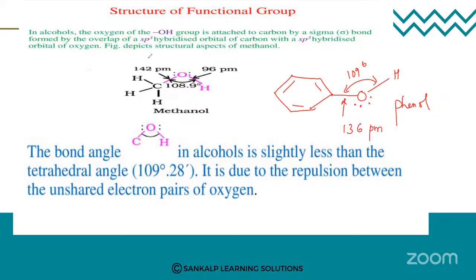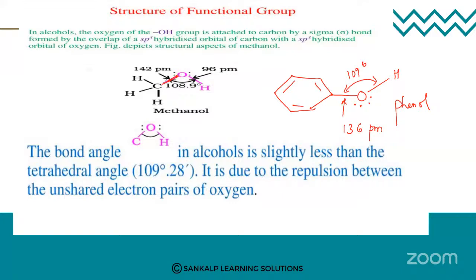So in alcohols, the C-O bond, how is it formed? It is formed by the overlap of sp3 hybrid orbitals of the carbon with the sp3 hybrid orbitals of the oxygen.